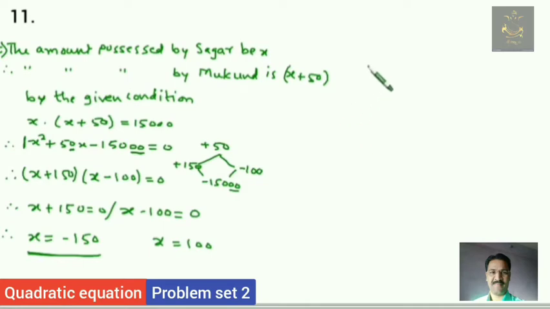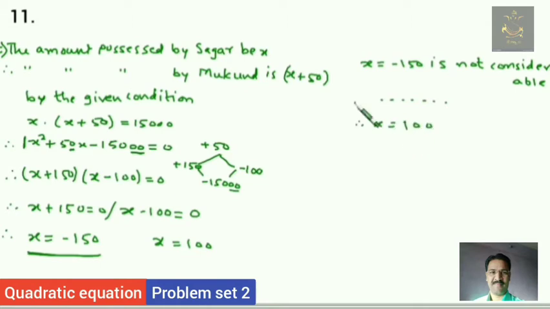So x equal to minus 150 is not considerable, because an amount is never negative. Therefore, we can write x equal to 100.